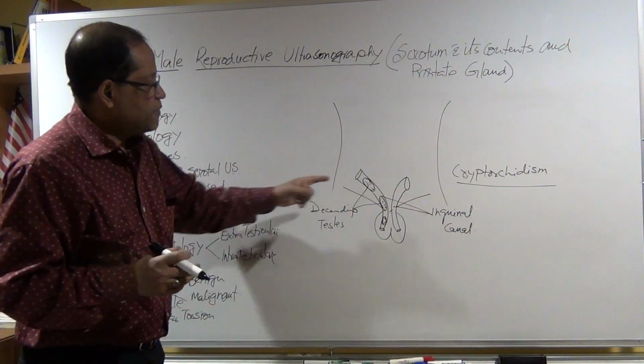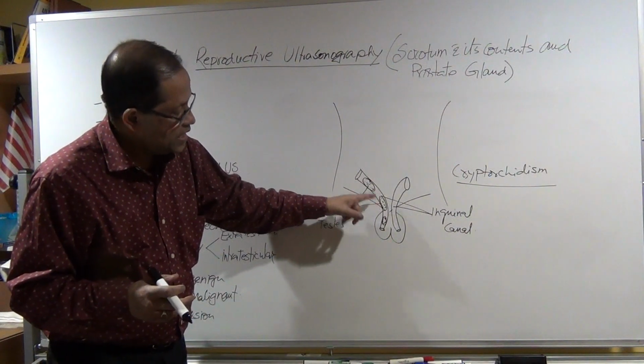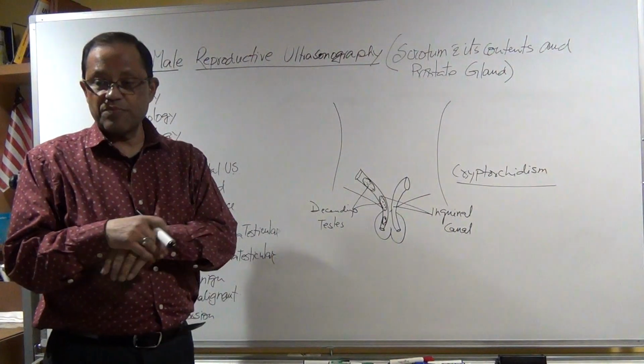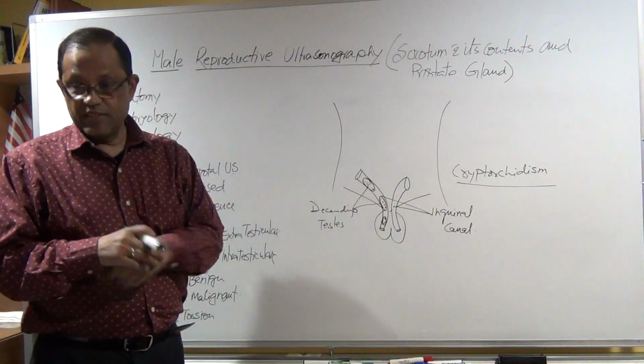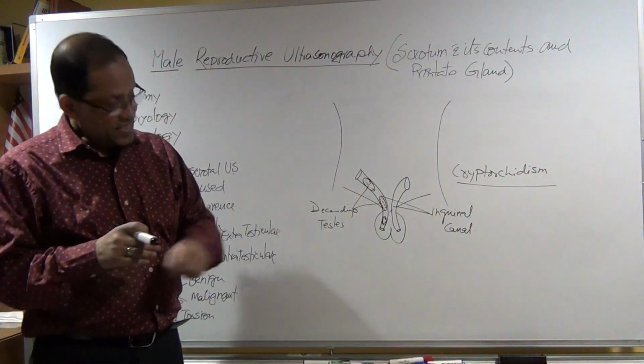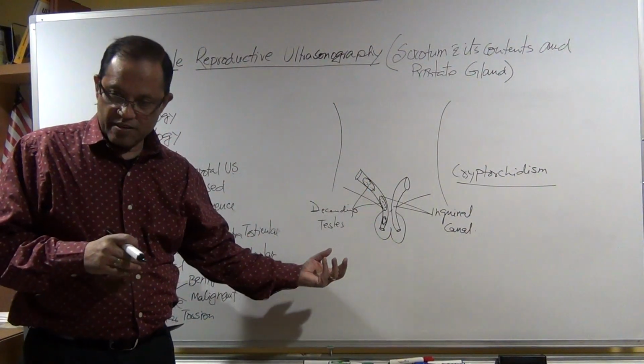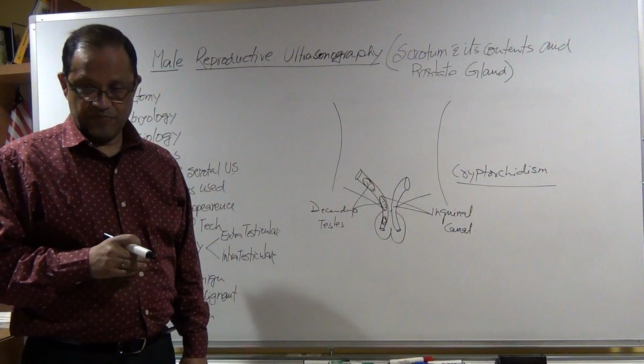So if they find that testicles is in the inguinal canal, it did not descend into the scrotum yet, they do the surgery. They will pull the testicles into the scrotum.